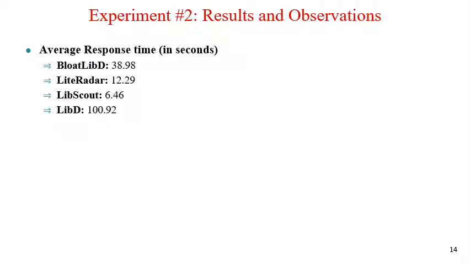If we compare the different existing tools with blotlibd on average response time, the average response time of blotlibd was 38.98 seconds, which was much less than libd, which was 100.92 seconds, but it was higher than LightRadar and LibScout.